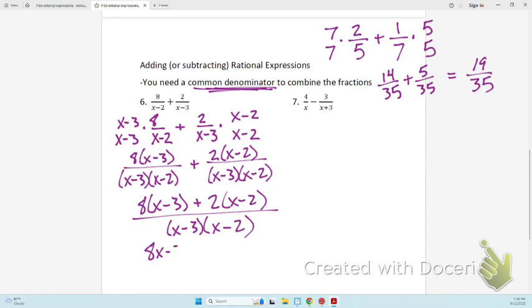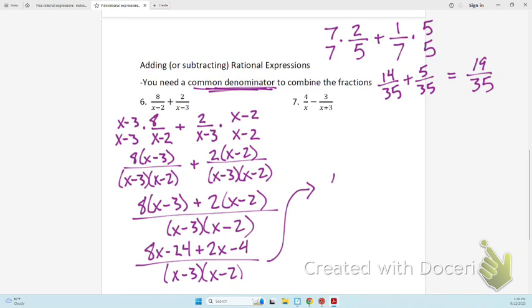So let's see. And if you're clever with your factoring, you can see we're not going to be able to cross anything out. But keep going. We're not simplified yet.